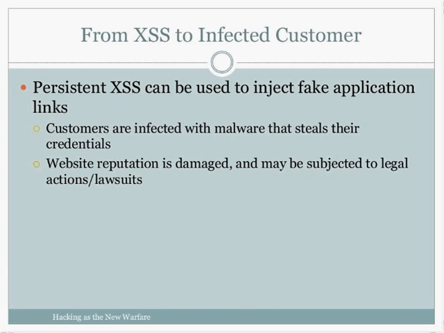So we can see that hackers are using persistent cross-site scripting to inject fake elements into the website, and one of them could be a fake application link. Imagine you're an online store or an online business and somebody adds a reader button or an app or a mobile app button. Customers are accustomed to clicking on these buttons to get a better experience, an upgraded application.